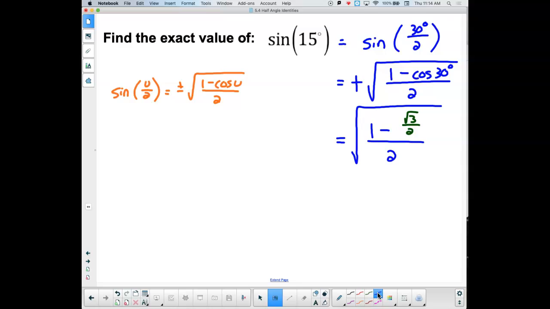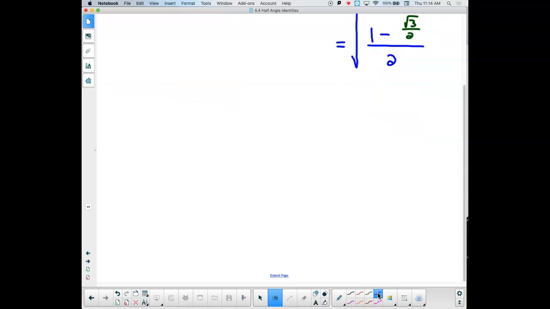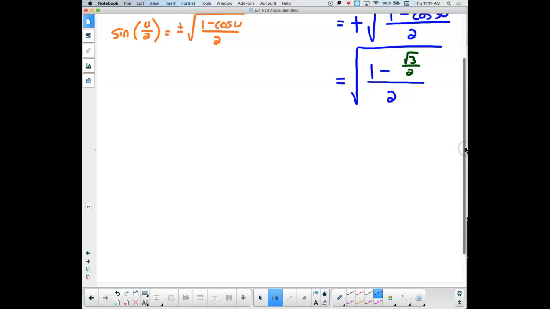Agree? So now I have fractions inside of fractions, inside of radicals, inside of ugly stuff. Okay?